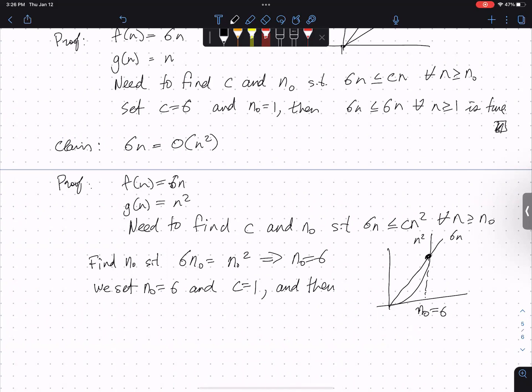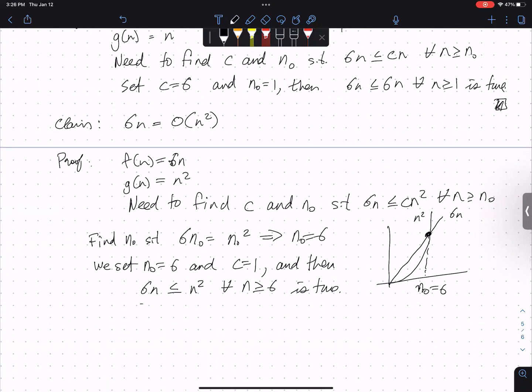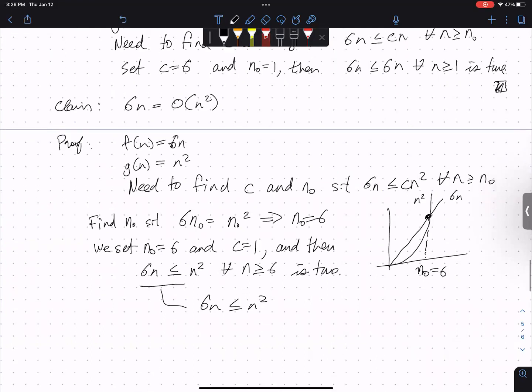Then we have that 6n is less than or equal to n squared for all n greater than or equal to 6. And this is true, because if you divide both sides by n, 6 is less than or equal to n, and this is true when n is at least 6.